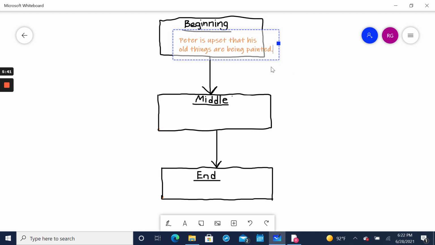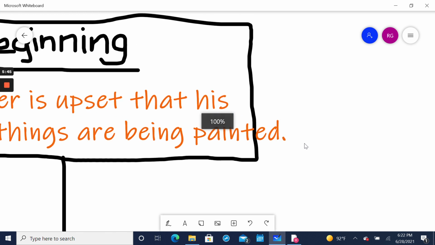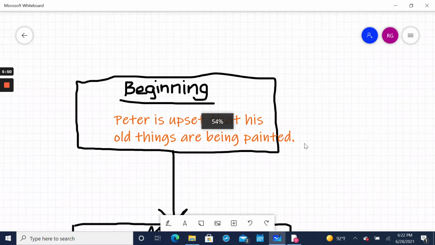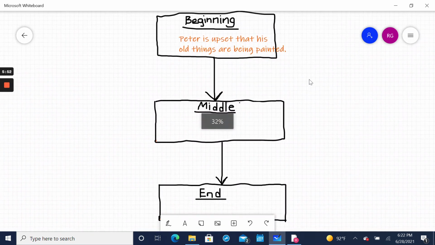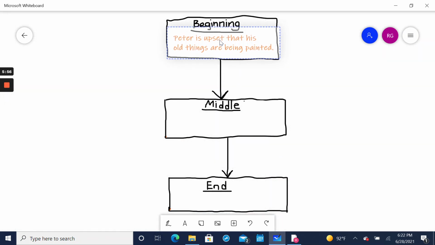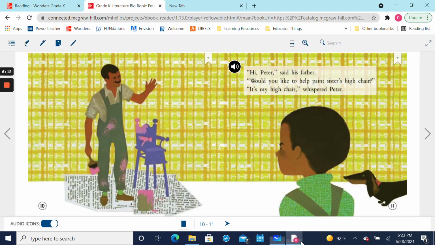Put a period on that because that's a complete sentence. Alright, so we can add that in the beginning of our story. Peter is upset that his old things are being painted. Let's keep going.